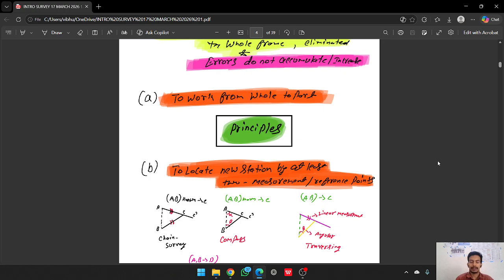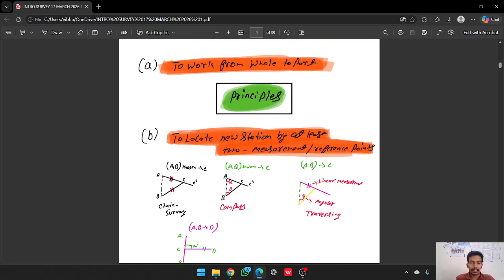Here is an example. In chain survey, we know A and B. Then we move some meters, like 5 meters, from B to C. Then from A to C. Then we get point C with two horizontal distances.